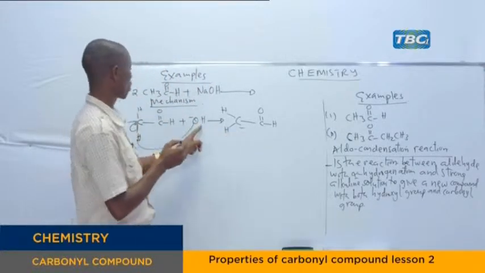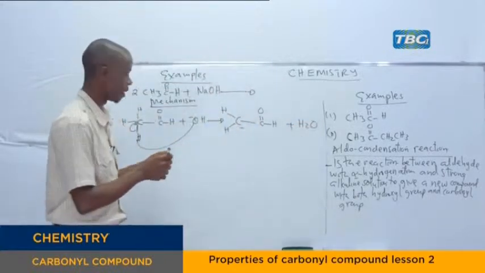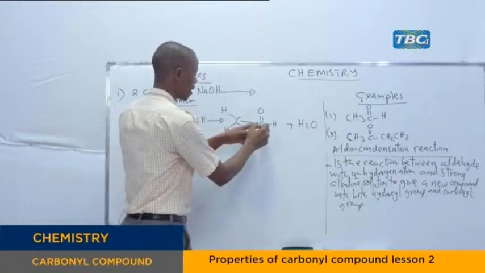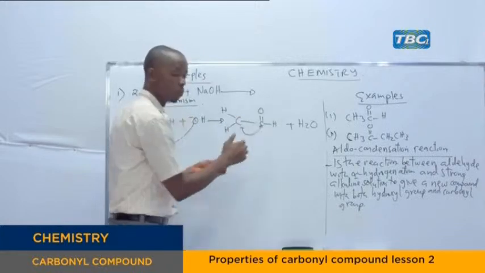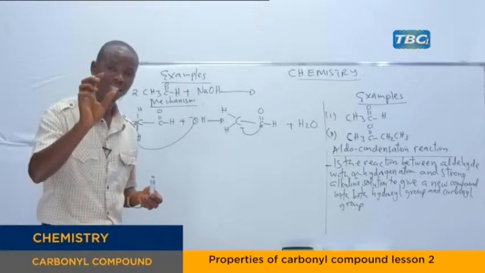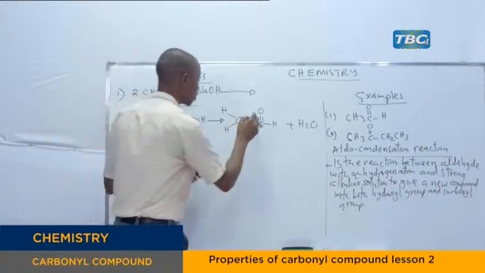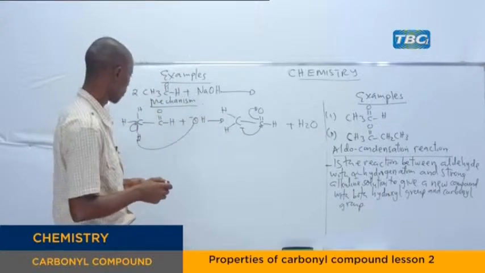And also this and this one will form water. Now what will happen? This electron will go to this carbon atom, and because the carbonyl group is a strongly electron withdrawing group, electron will be withdrawn to the oxygen atom in that way.